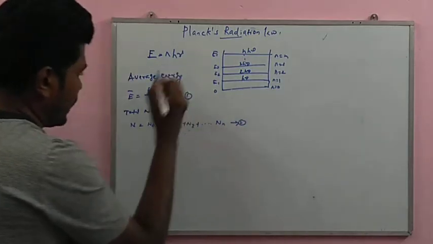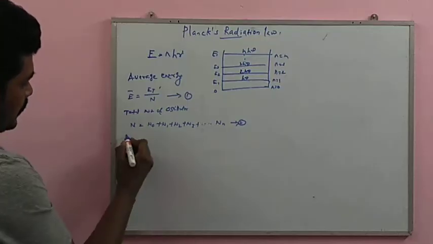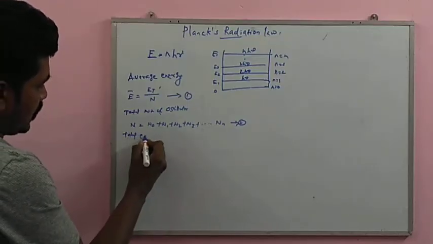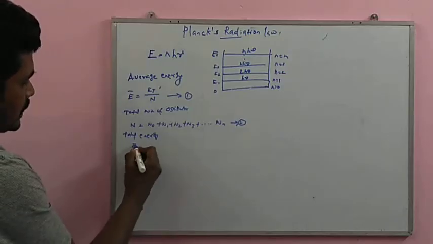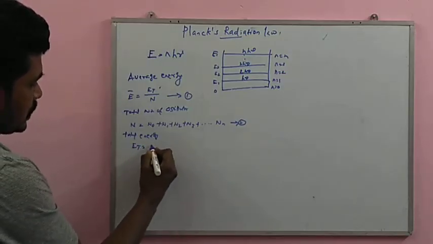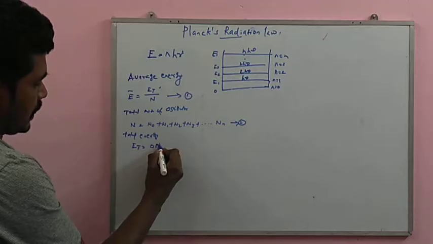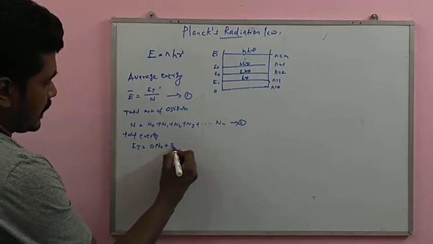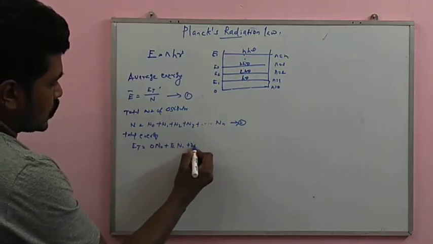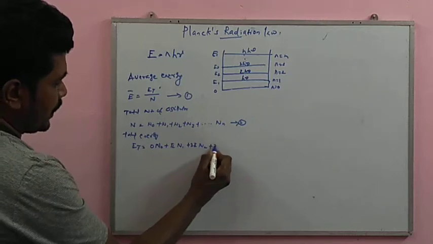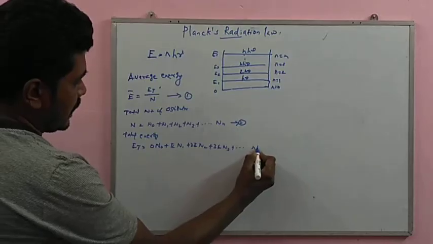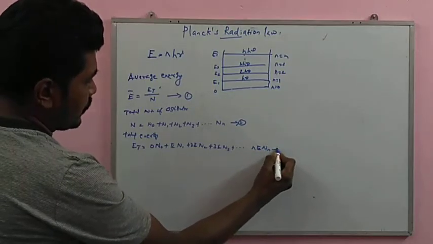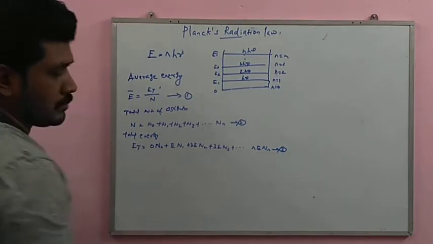Then the total energy of the oscillators. The total energy Et is equal to 0 times N0, plus E N1, plus 2E N2, plus 3E N3, plus etc., up to n E Nn. This is equation number 3.